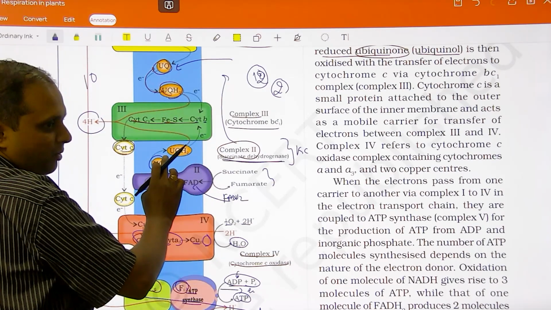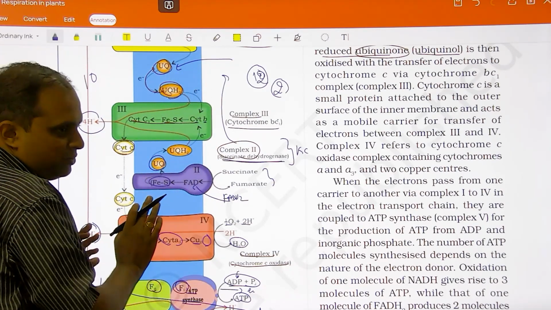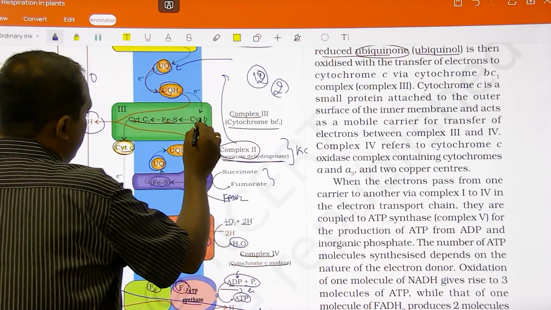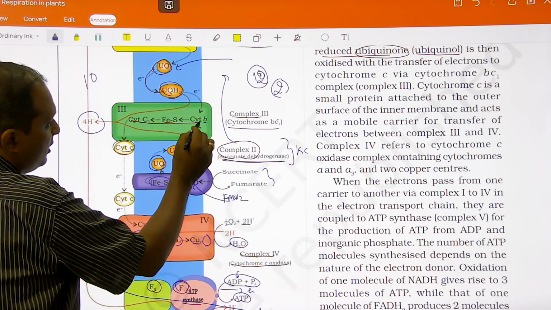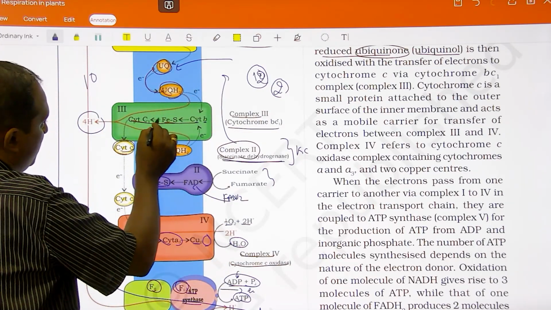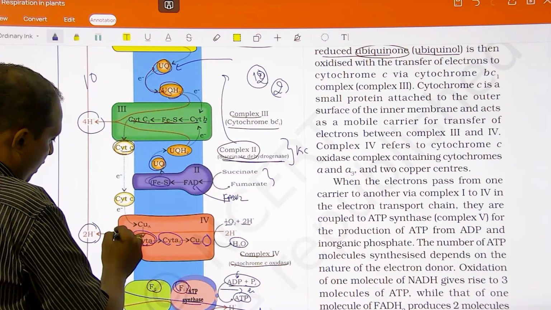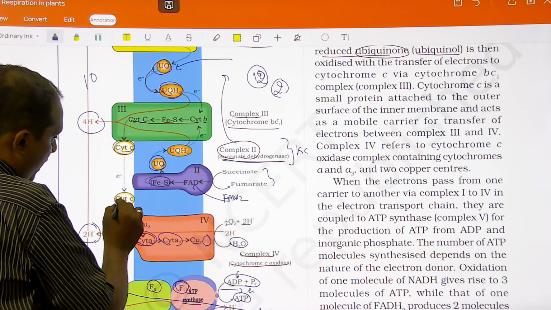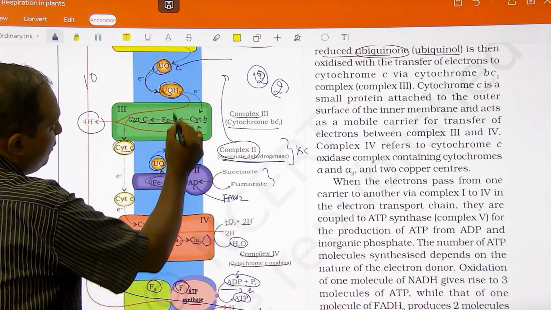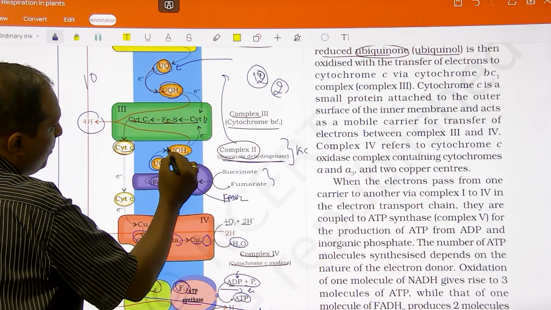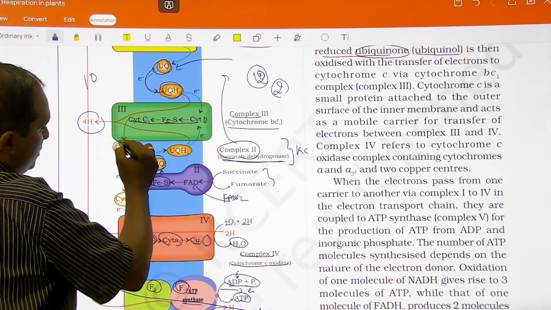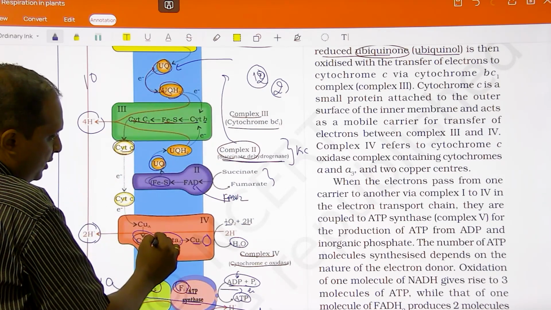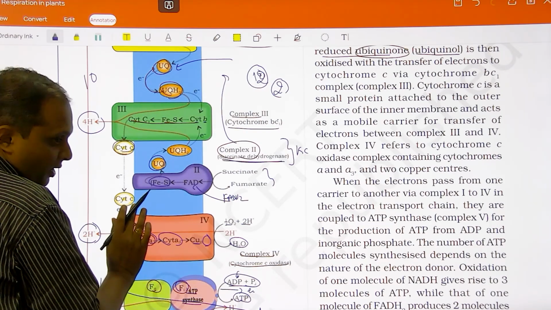Ubiquinol வந்து complex 3க்கு வரும். Now what happens, ubiquinol இங்க இருந்து complex 3, then cytochrome C, இதான் pathway. Then it comes to complex 4, then அவ்வளவுதான் water.